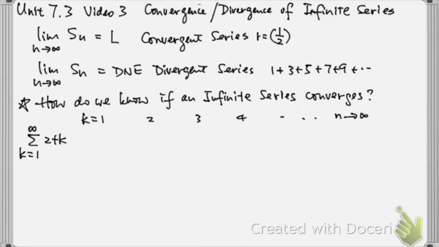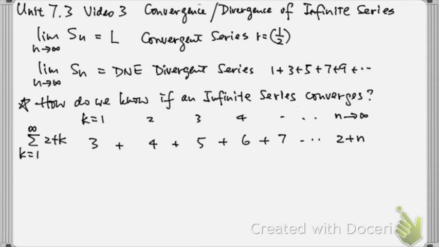So obviously the first term when k equal to 1 is going to be 3, and then this is going to be 4, this is 5, 6, 7. I know we're adding them together. What is the nth term? Well, it's going to be 2 plus n, right? When k is equal to n.